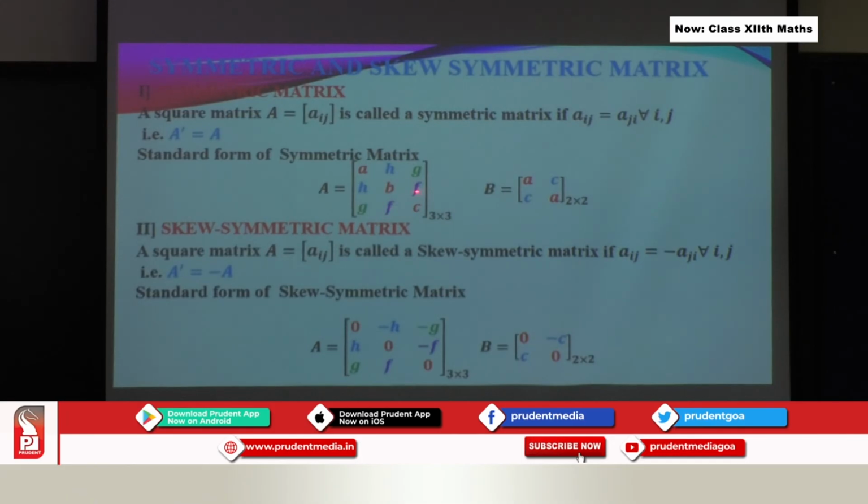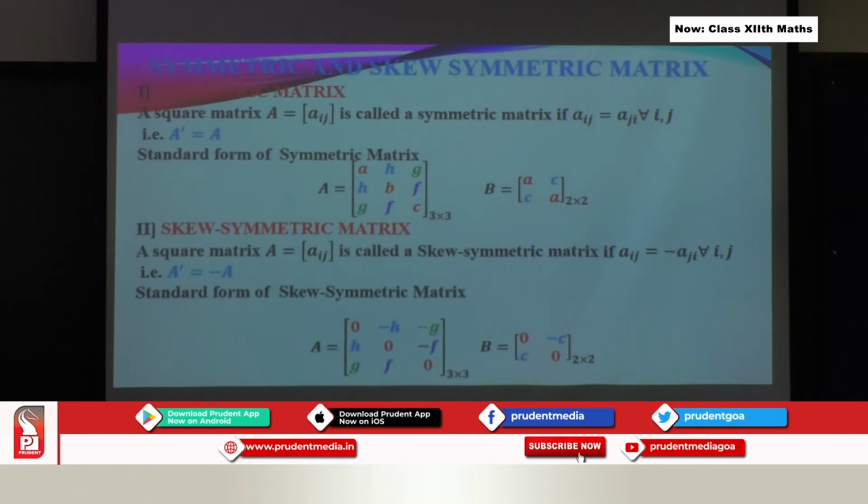A23 is supposed to be equal to A32. And if you get this kind of pattern in the matrix from direct observation, you can say the given matrix is a symmetric matrix. You don't have to take the transpose also.